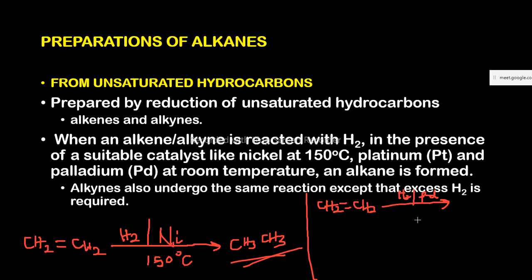Now this one occurs at room temperature. You can decide to write room temperature, RT, or you can decide to leave it. There is no harm. So we shall get our alkane, CH3CH3, where the hydrogen adds across a double bond or triple bond.